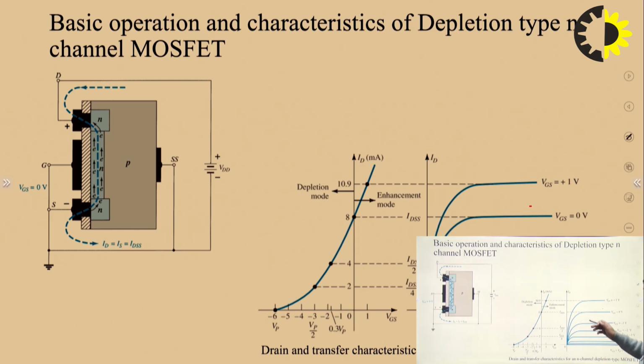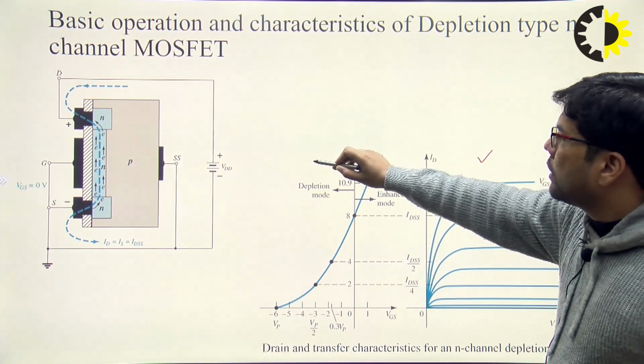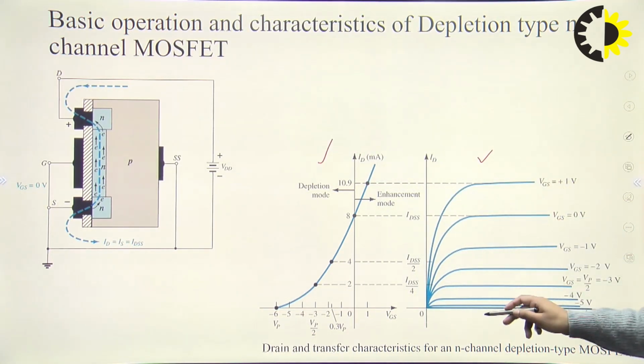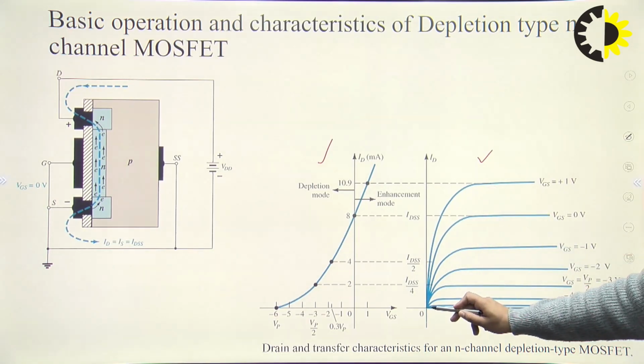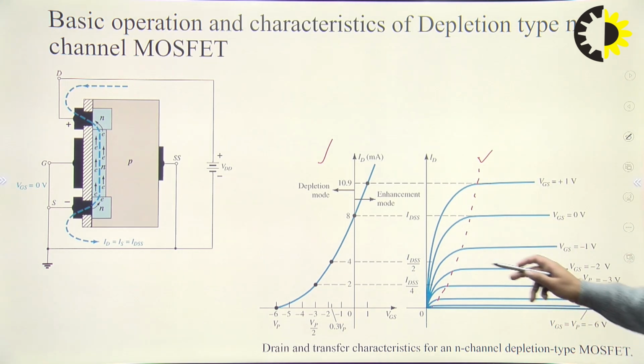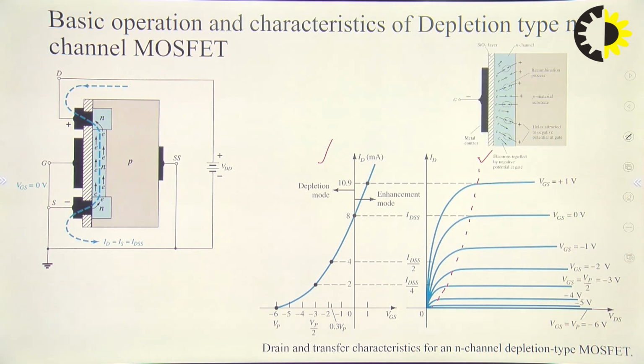This is the drain characteristics, and this one is the transfer characteristics. As you can see here, this is the saturation region, this one is the linear region, and the locus of the pinch off voltage is always parabolic by nature. So you can see here, right.